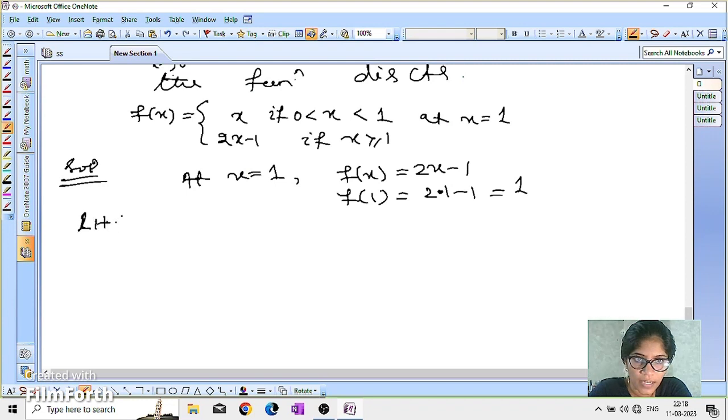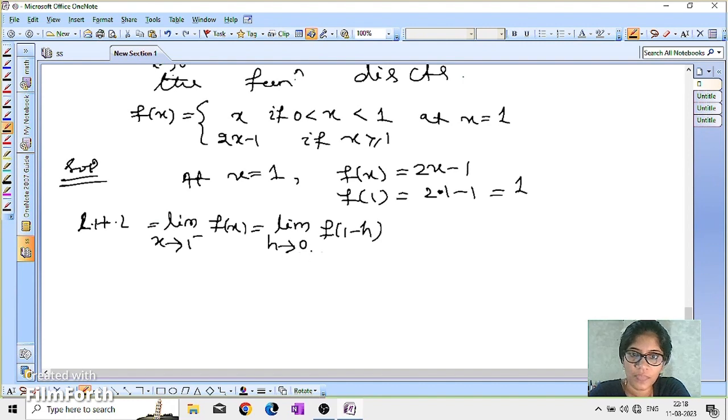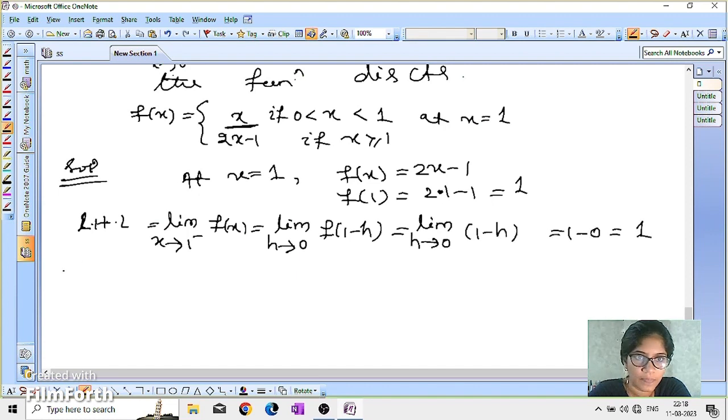Now left hand limit is equal to limit x tends to 1 minus f of x, which is equal to limit h tends to 0 f of 1 minus h. Below 1, the function value is x. Here it is equal to limit h tends to 0 of 1 minus h, which is equal to 1 minus 0, equal to 1.